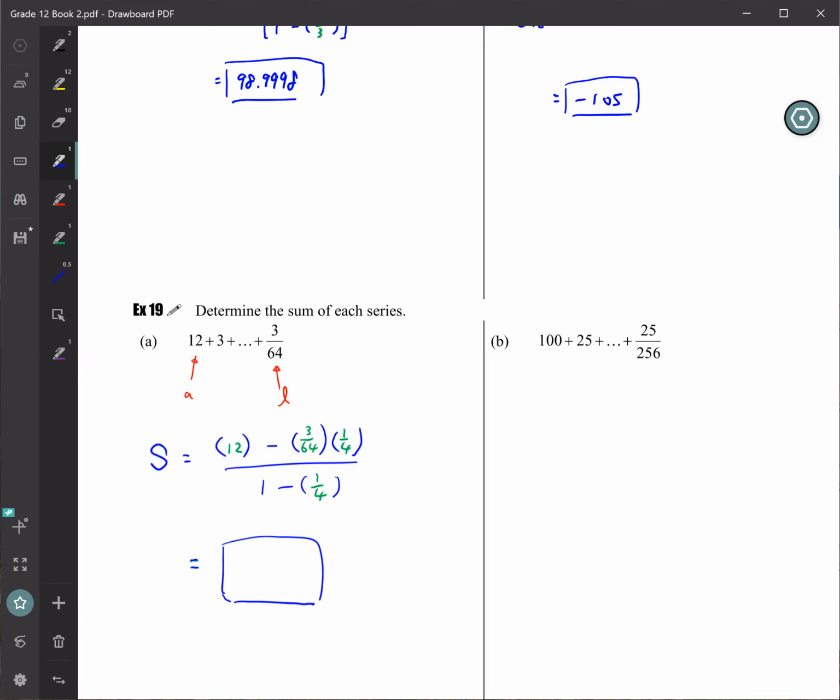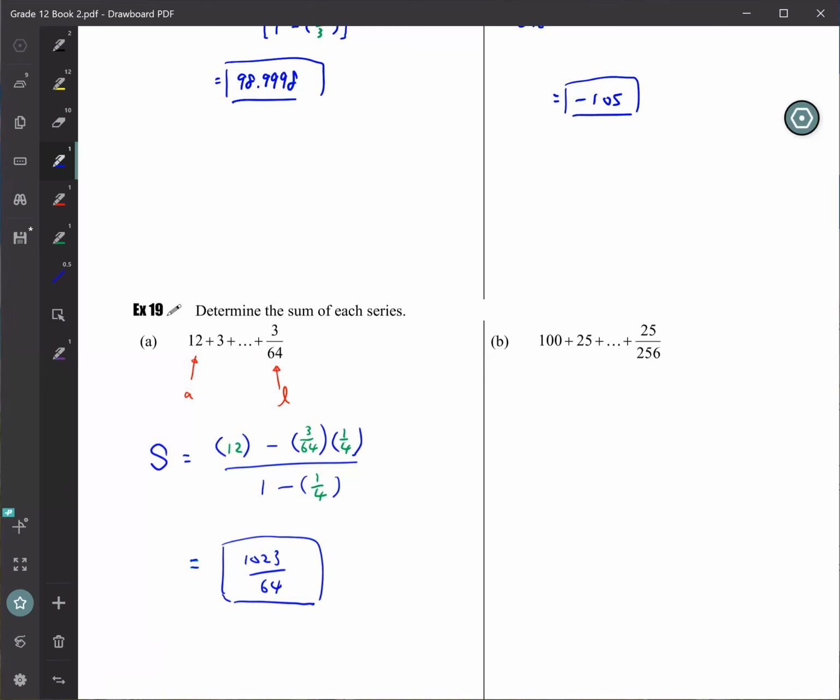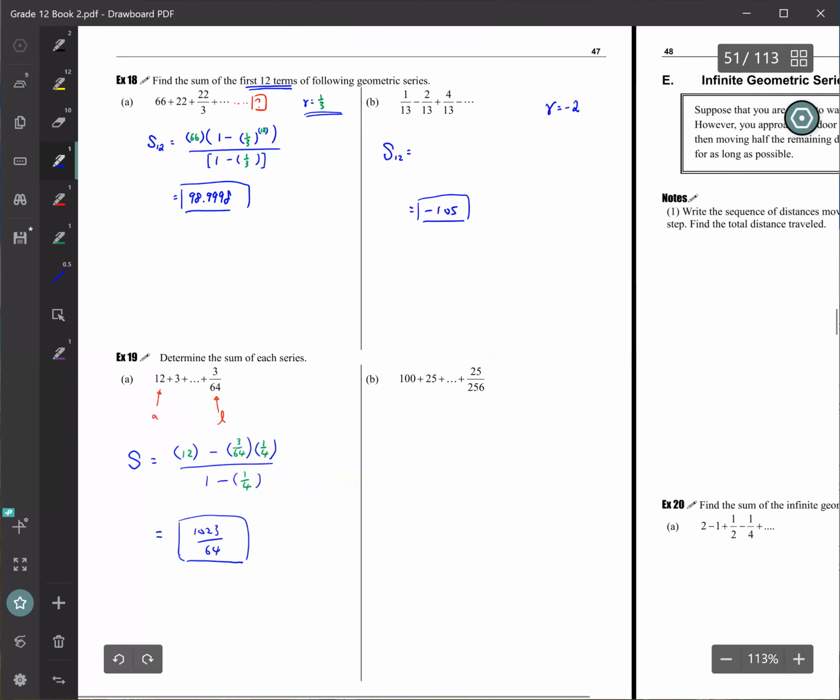Typing in. Okay, Donna, what do you have? Final answer. 1023 over 64. Over 64. Okay. Eric, how about you? Same thing. Okay. Any trouble there? Kelly and Samantha, are you able to get the answer? Yep. All right. Okay. So one more.